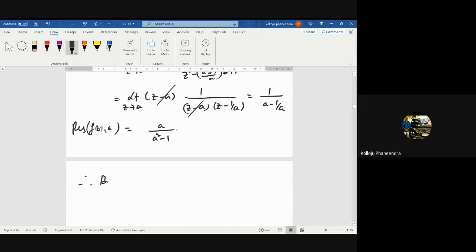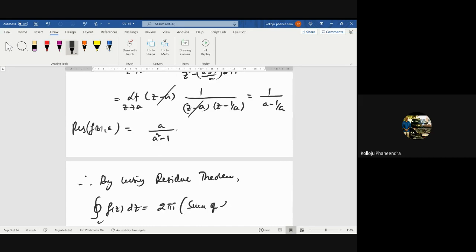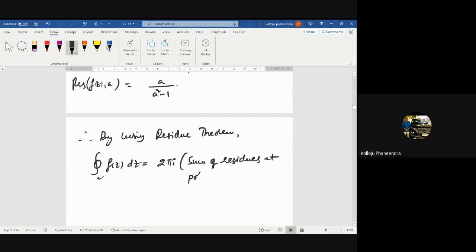Therefore, by using the residue theorem, we have the integral over c f of z dz, what is this value? 2 pi I into the sum of residues at poles that lie inside C. So the integral of 1 by z square minus a square plus 1 by a into z plus 1 dz is 2 pi I into, only one residue is here.